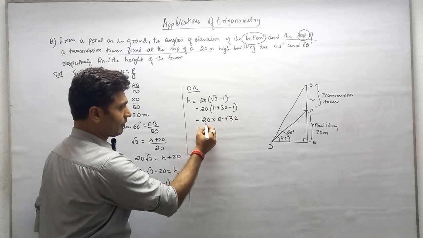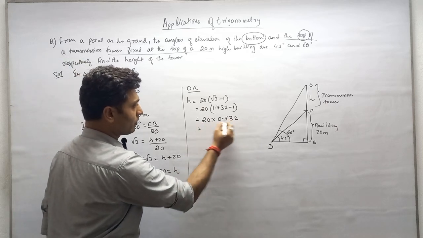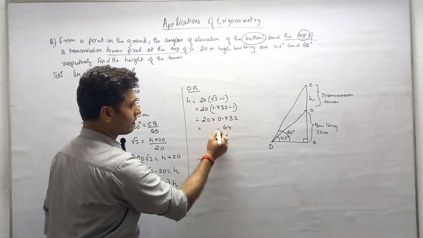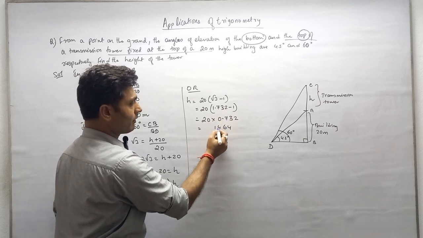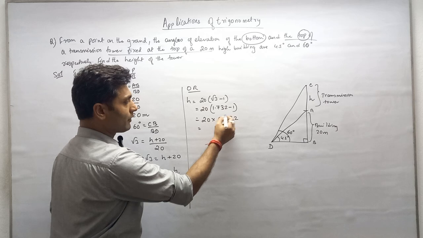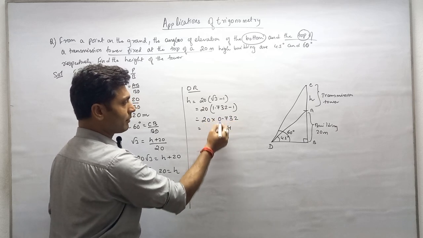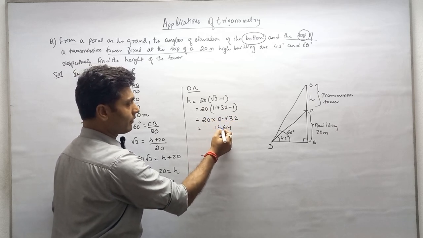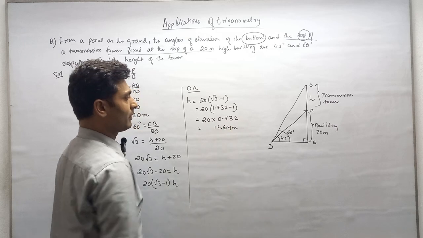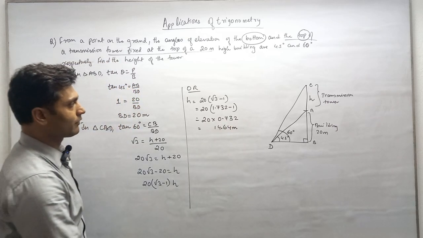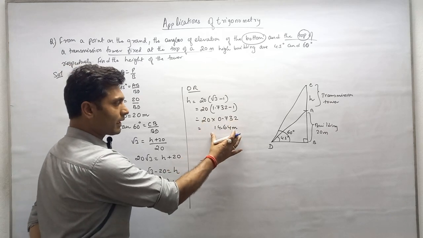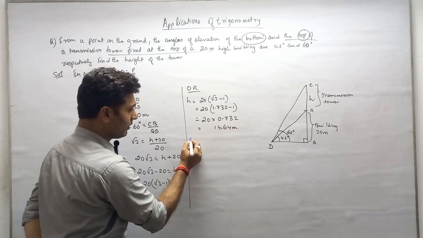Now 2 into 2 is 4, 2 into 3 is 6, 2 into 7 is 14. The decimal has 3 places after the decimal point, so 1 place will shift. So this will become 14.64 meters. If you multiply, you will get 14.64 meters.